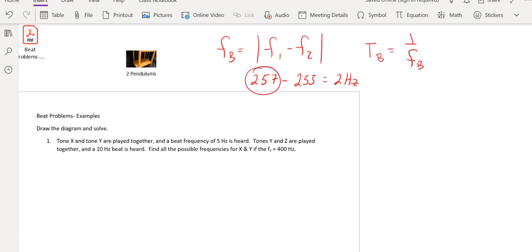Well, if you know that one is 257, 2 hertz could end up giving you 255, or it could give you 259. It could be 2 more or 2 less. So if you just know the beat frequency and you know one of the other frequencies, you don't know exactly what the second frequency is. You simply know it's either going to be plus the beat or minus the beat. So 257 minus 2 or 257 plus 2.